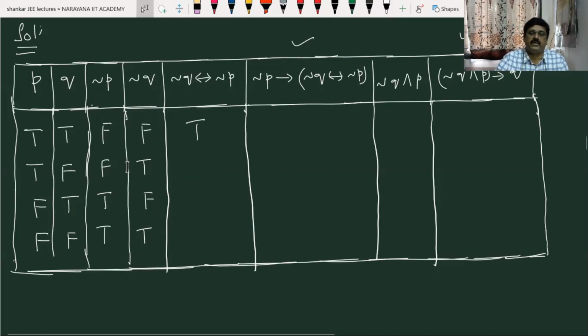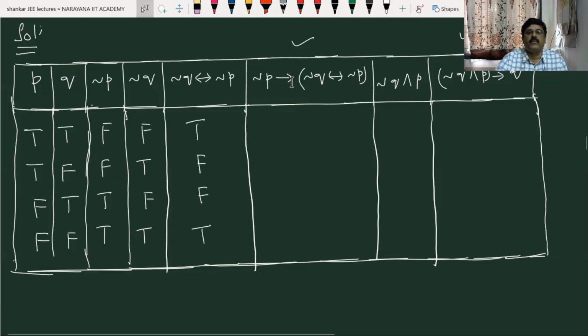Here F, T different truth values are there. Here also different truth values are there, so it is F. Again here the same truth value is there, TT, so it is again coming as T, students.